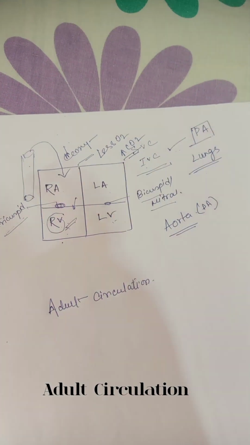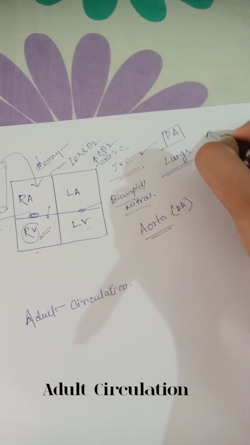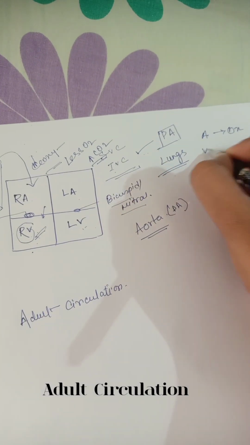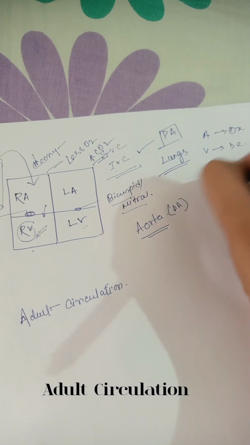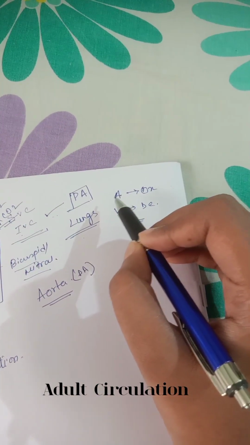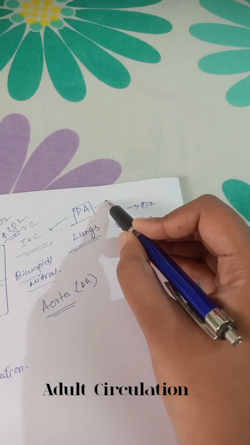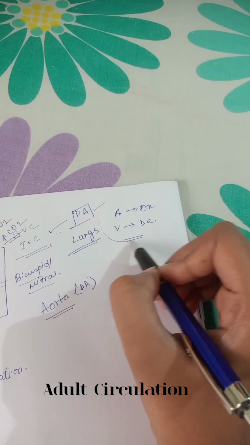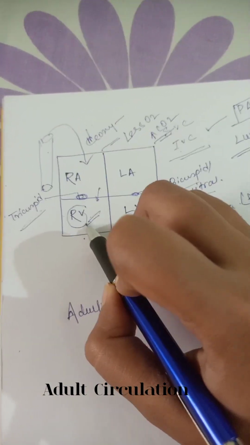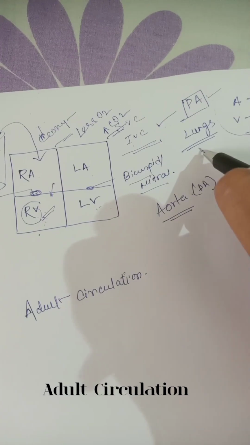Now there is a basic concept that arteries carry oxygenated blood and veins carry deoxygenated blood. But as we know, everything has an exception. So pulmonary arteries carry deoxygenated blood.